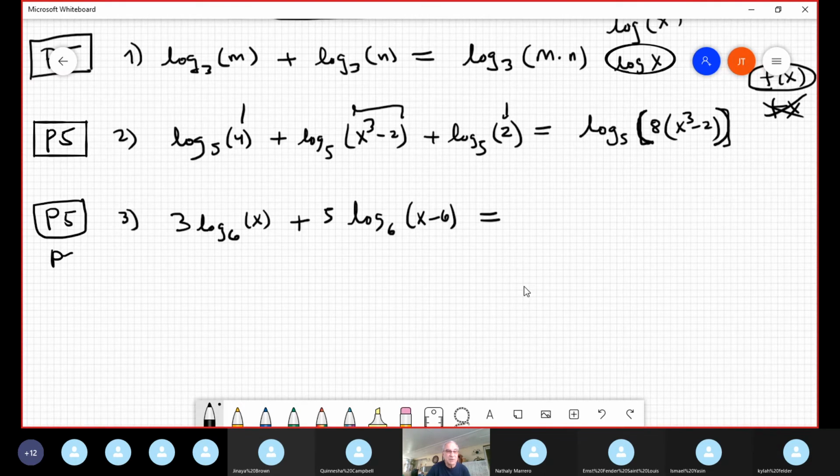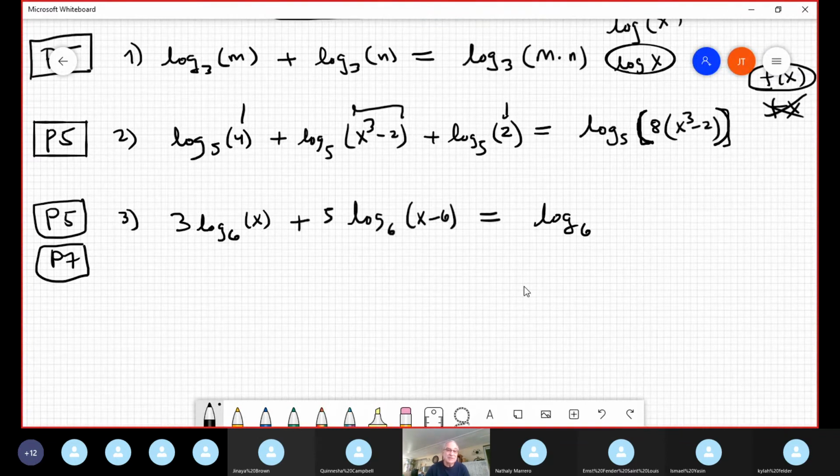But you also apply property number 7, because I don't want a coefficient. You condense these logarithms into only one, and the base is the same. The factor in front here is 1, invisible, right?